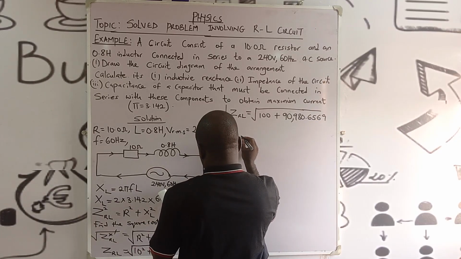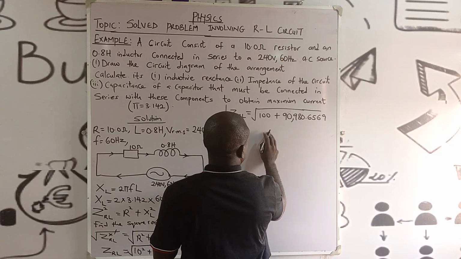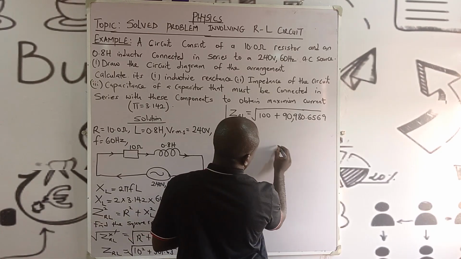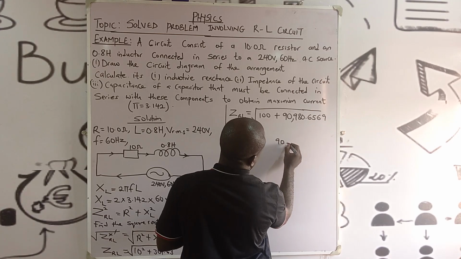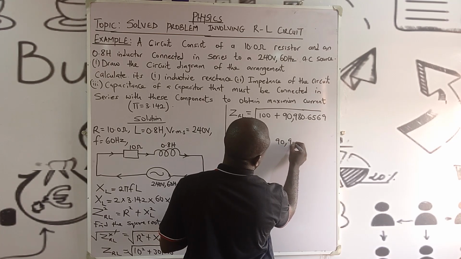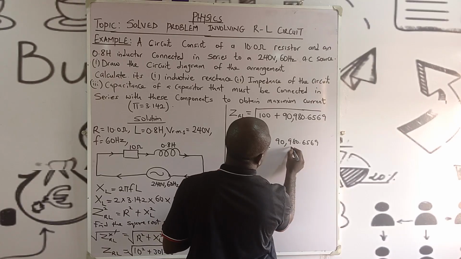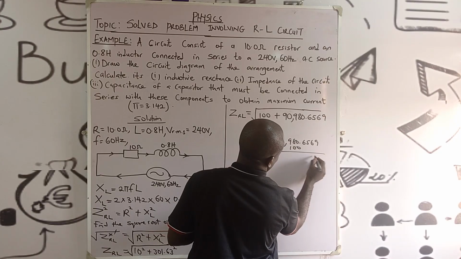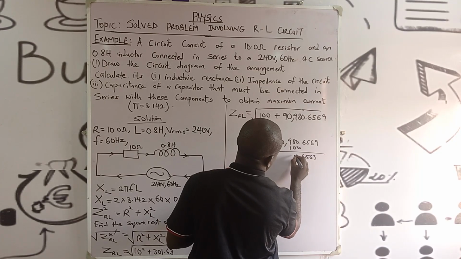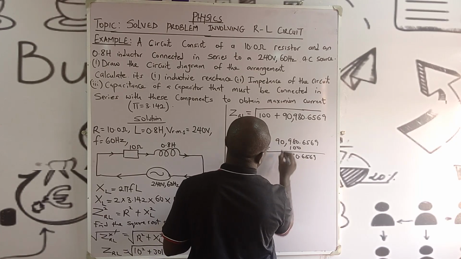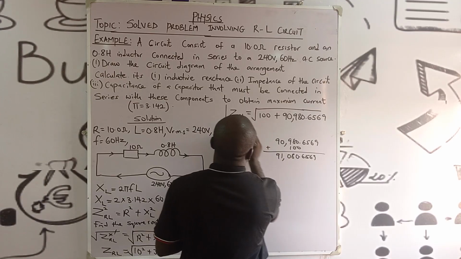Now let's add it together: 90,980.6569 plus 100 gives 91,080.6569.